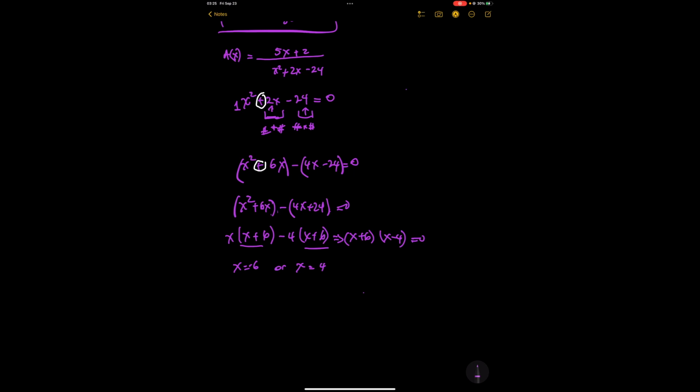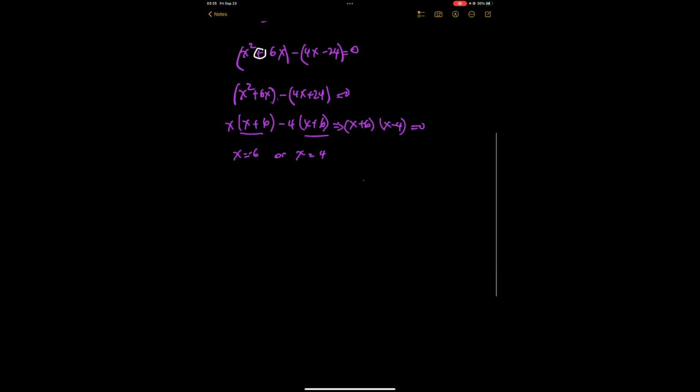Now, what is the domain? If you forgot, go back to my first videos, the review of functions and how you write domain and the set and things like that.